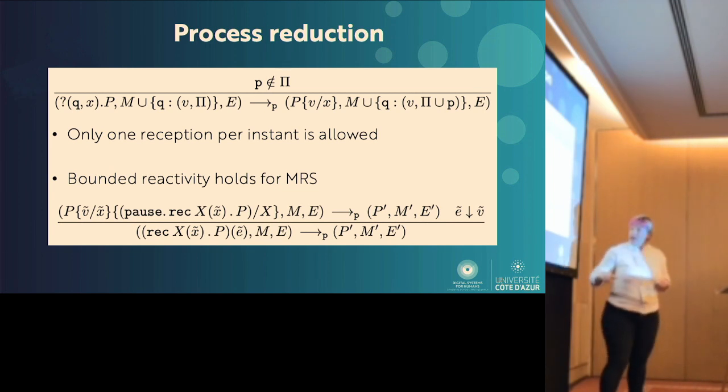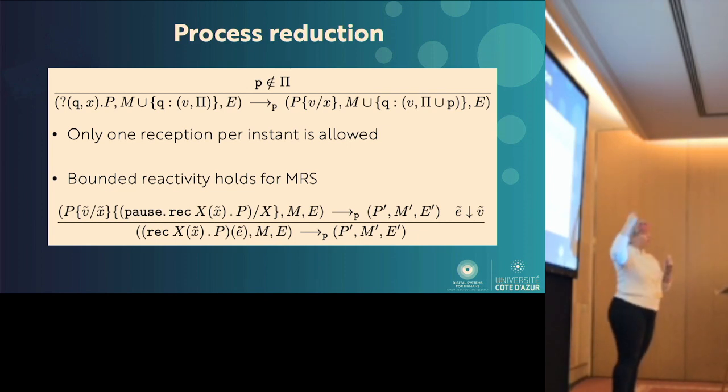And this is another interesting rule, the rule about recursion. The idea here is that whenever we arrive at the recursive point, we have to finish; this has to be one logical instant. So we run till the recursion point, we pause, and then at the next round, the next instant, we can resume recursion.